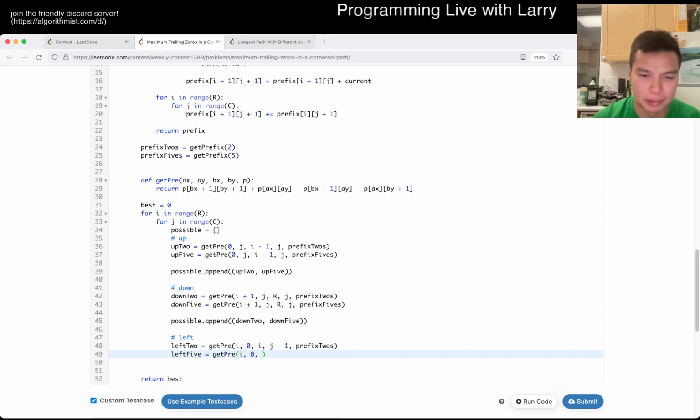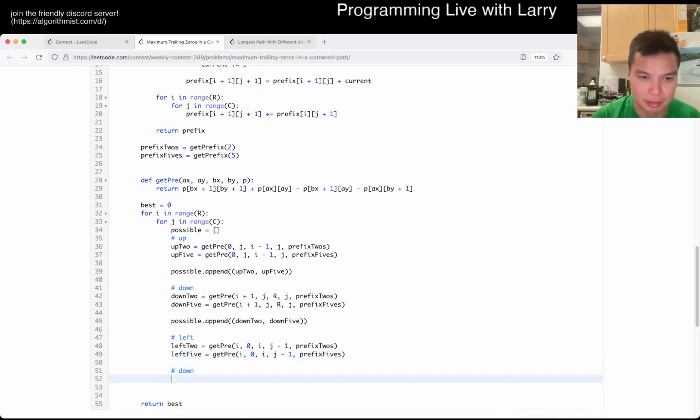Because I didn't need a matrix to the prefix sum, that's why this is awkward. I just needed regular prefix sum. Also, what?